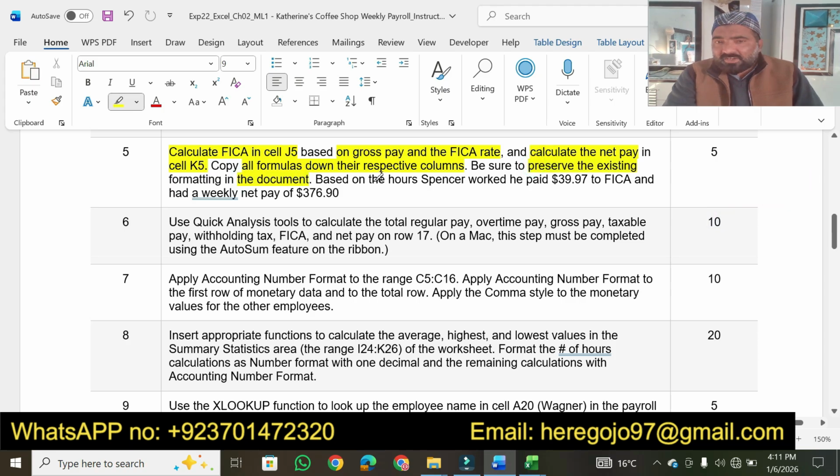Okay, based on hourly work, he paid 39.97 to FICA, and a weekly net pay of this amount. So we have to use all this information and calculate FICA in cell J5, and we will earn 5 marks from there.